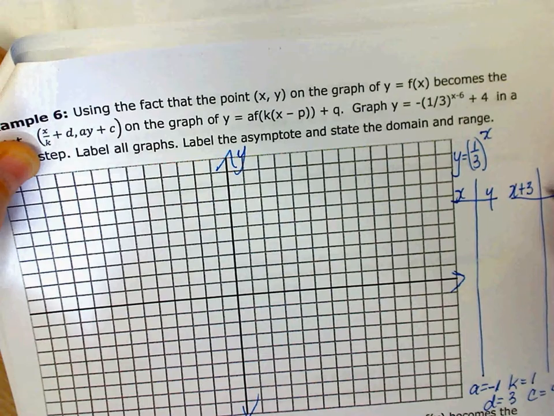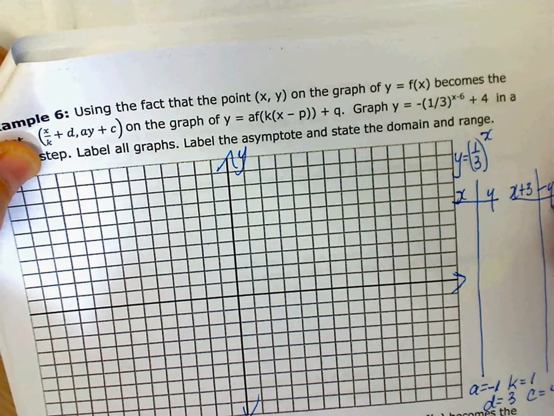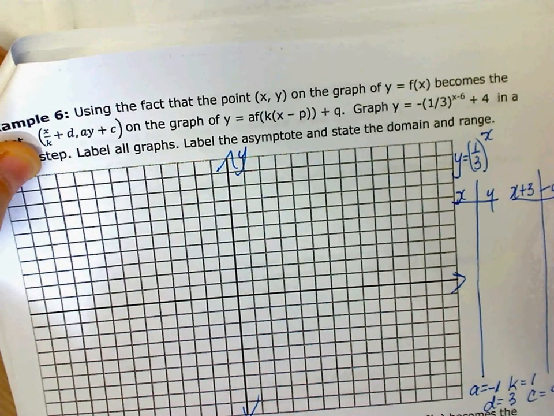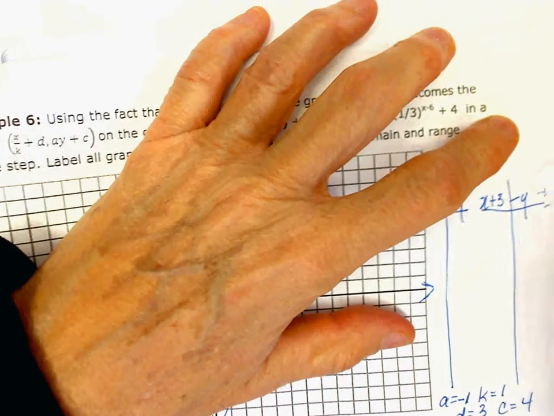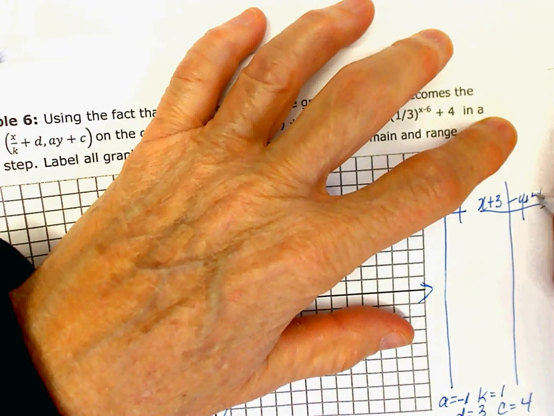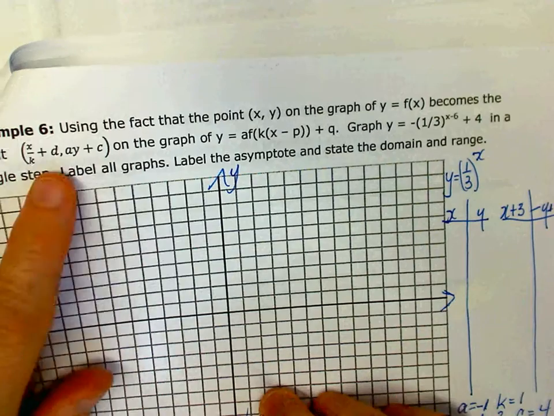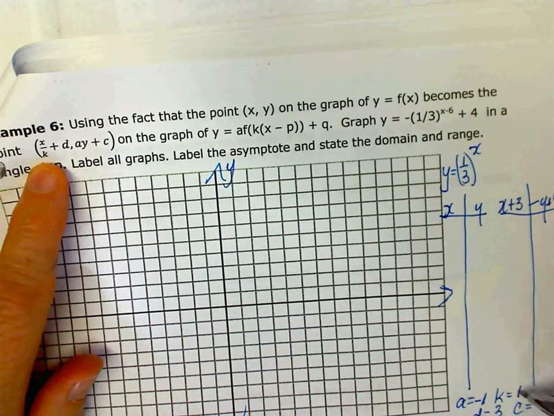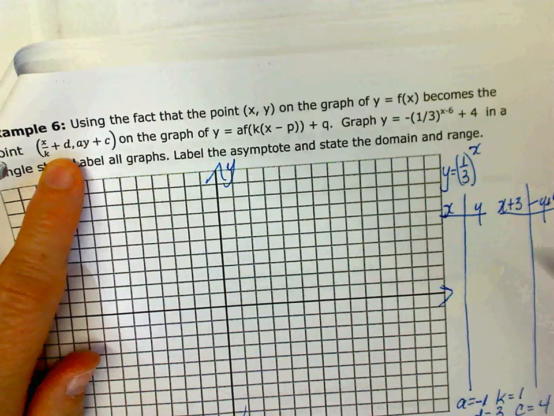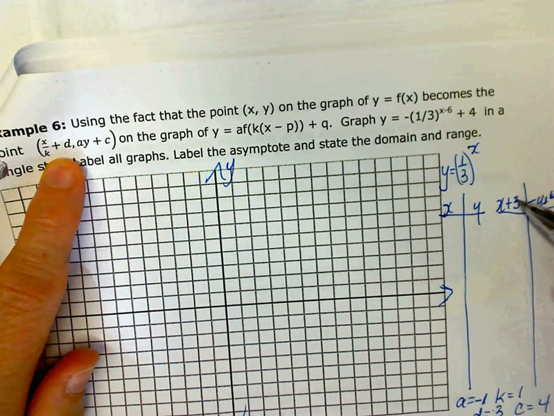and negative y plus 4 of our transform function. Should be plus 4. I just plugged it into this. So x divided by 1 is x plus d, which is 3.